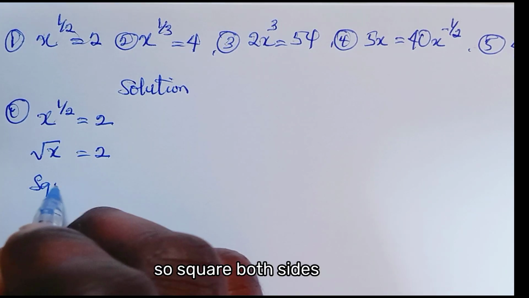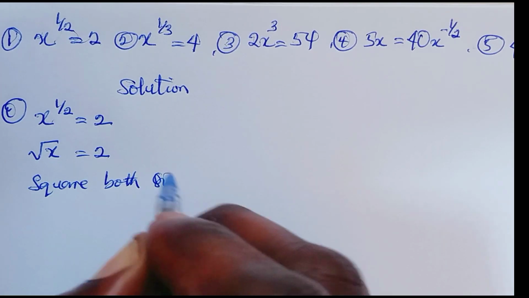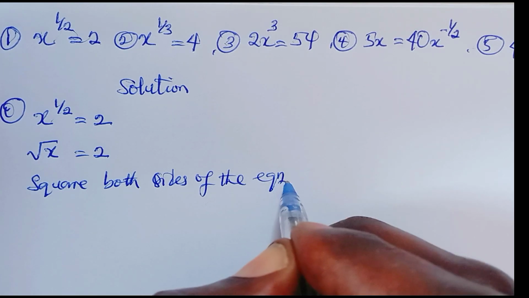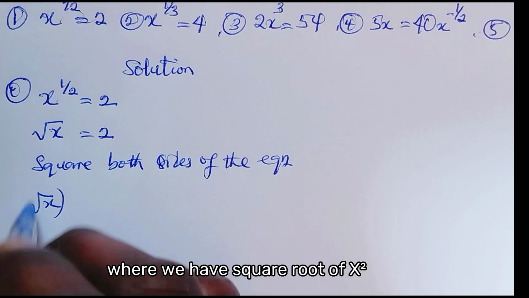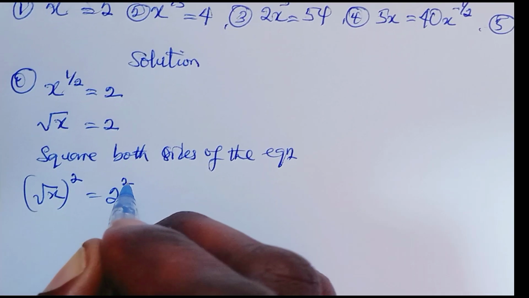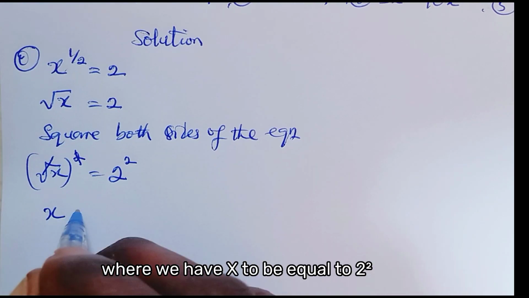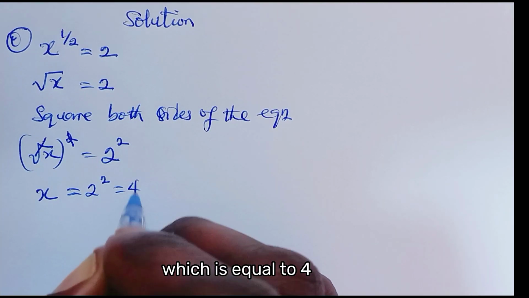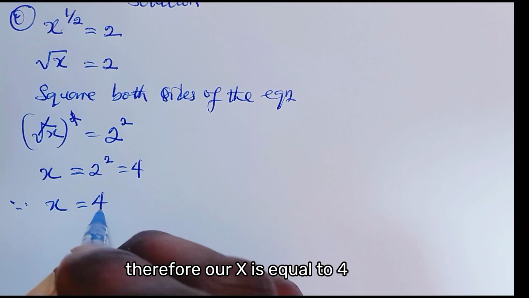So square both sides of the equation, where we have square root of x raised to power 2 is equal to 2 raised to power 2. So this square will cancel the square root, where we have x to be equal to 2 raised to power 2, which is equal to 4. So therefore, our x is equal to 4.